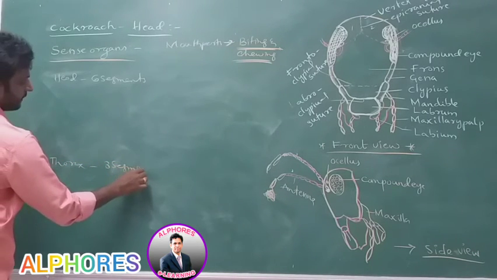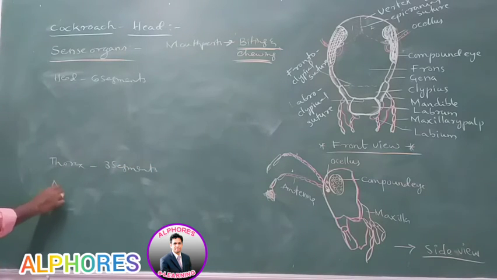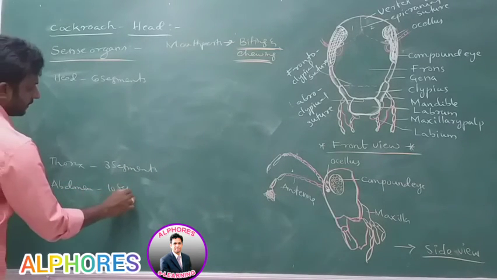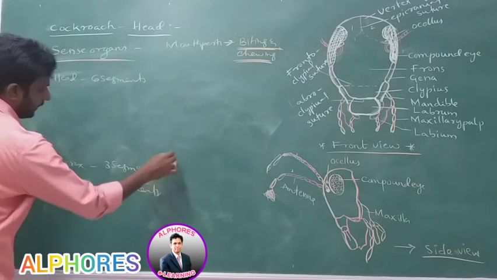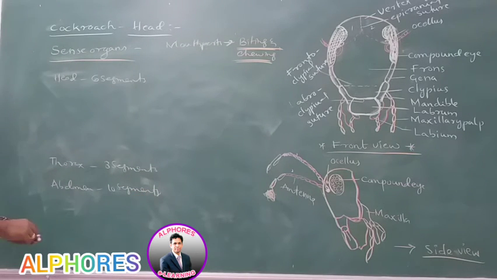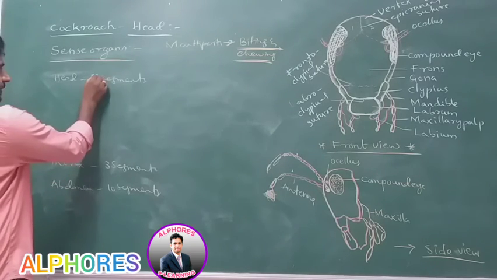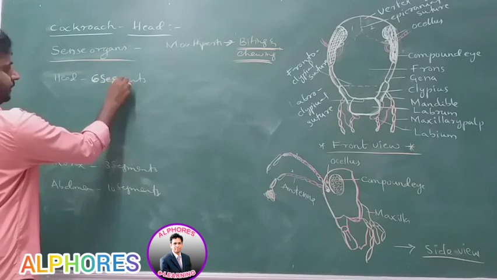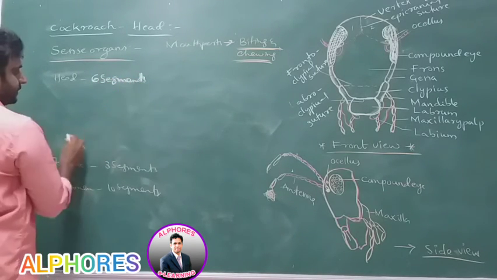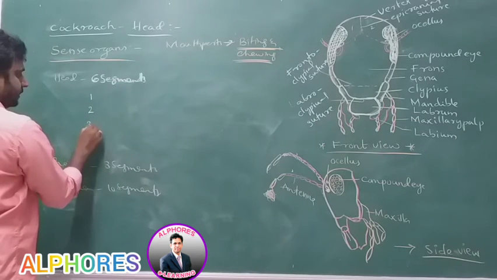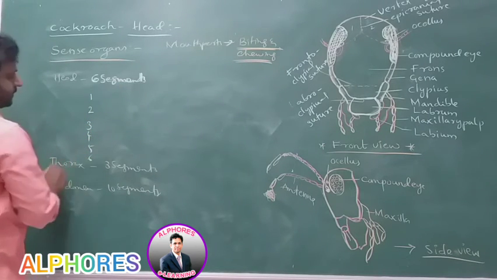The thorax consists of 3 segments. Then the abdomen consists of 10 segments. So 6 segments are present in the head: first, second, third, fourth, fifth, sixth.